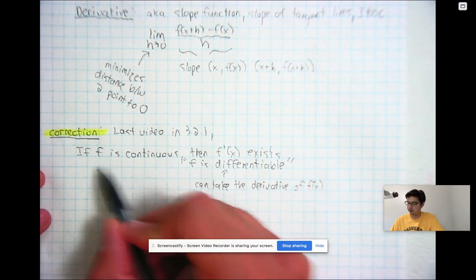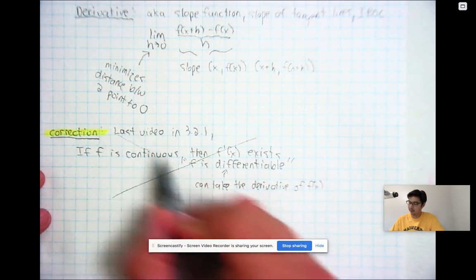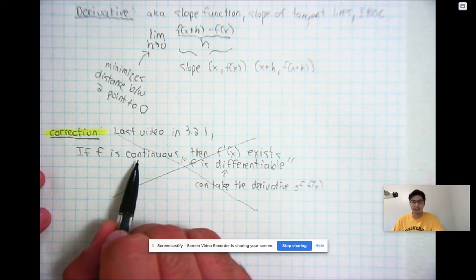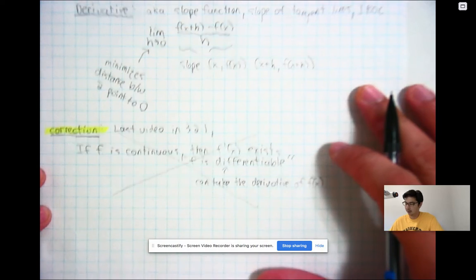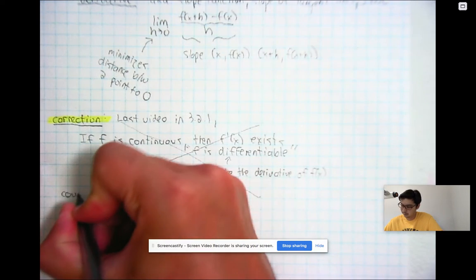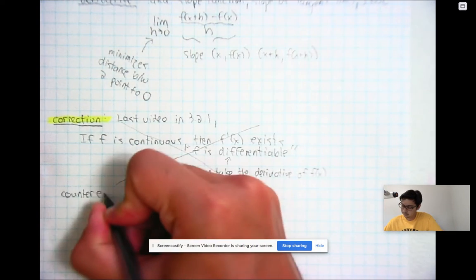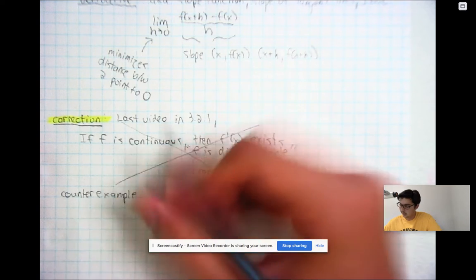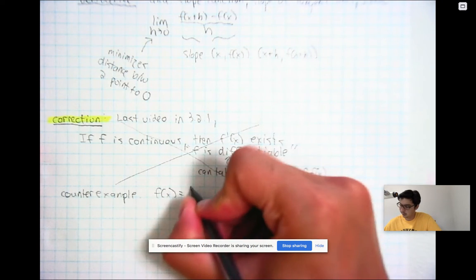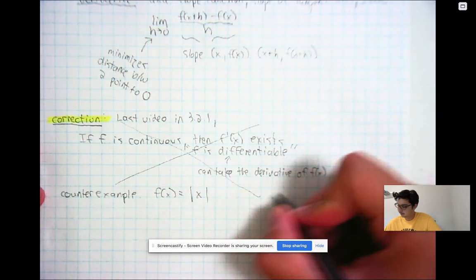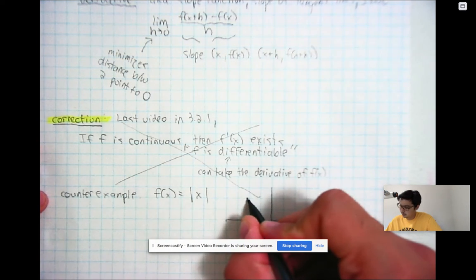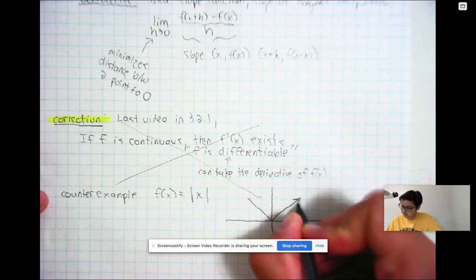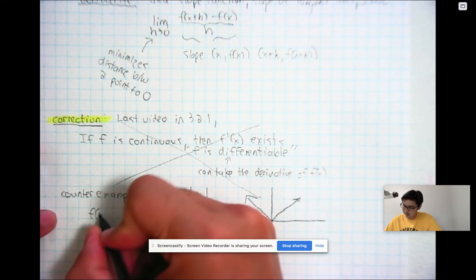This is not true. And the reason for that is f does not have to be continuous to be able to take the derivative. All right, here's a counterexample. Say we look at, and this is a function we actually looked at previously, the absolute value of x. f of x is continuous.